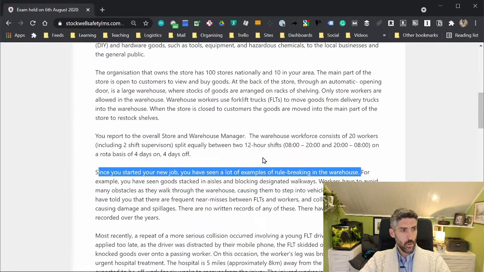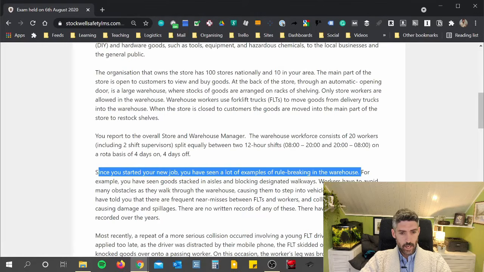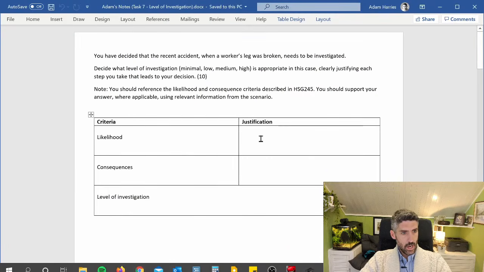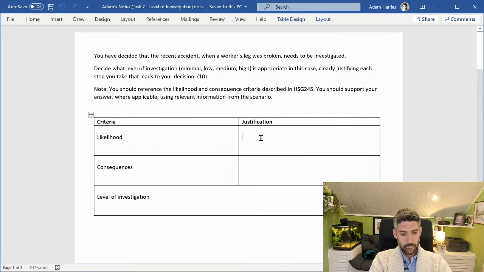So clearly that's a piece of information that's informing my decision and my thinking around it being certain that there's going to be another incident again in the future. So what I would do is just grab that sentence, or just something to remind me, or just type it in. But I would be going back to my justification there and putting in, you know, lots of rule breaking.